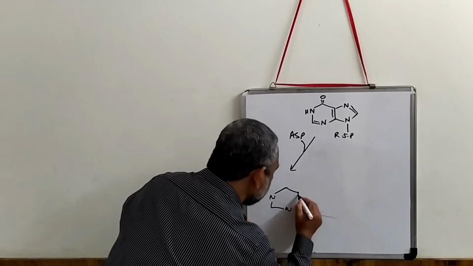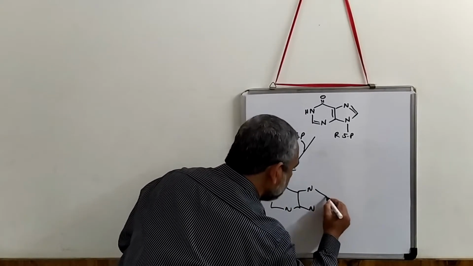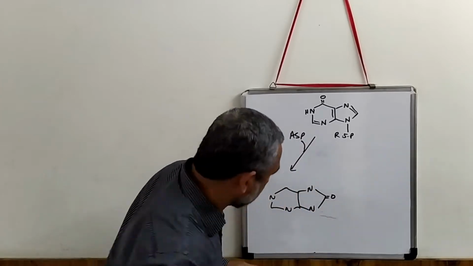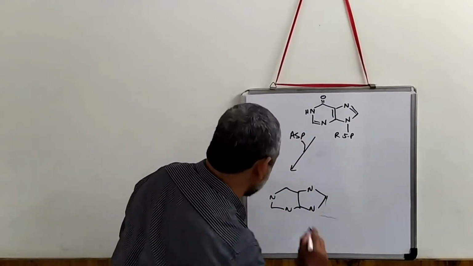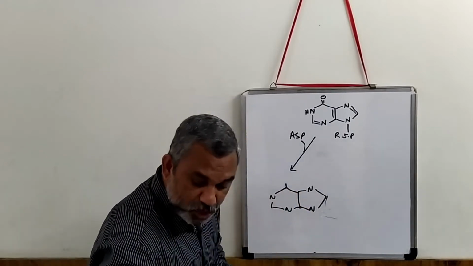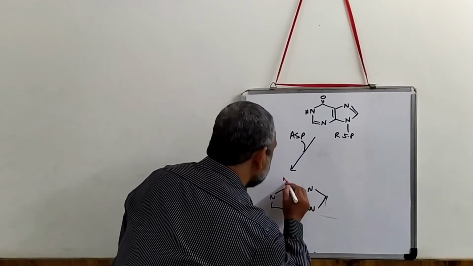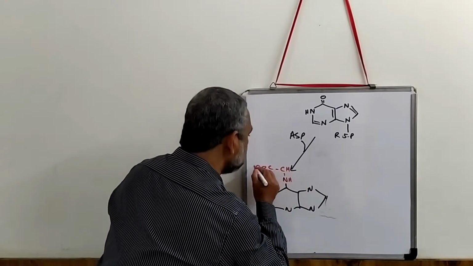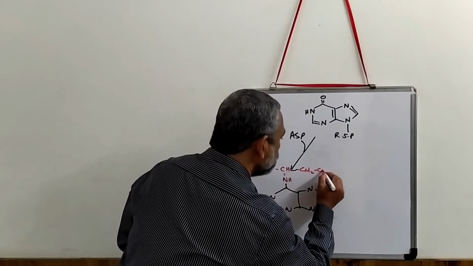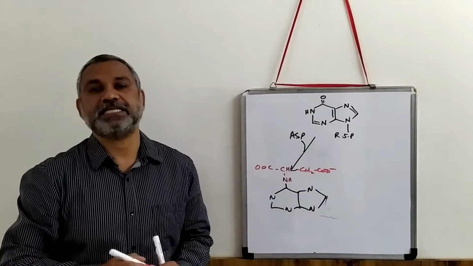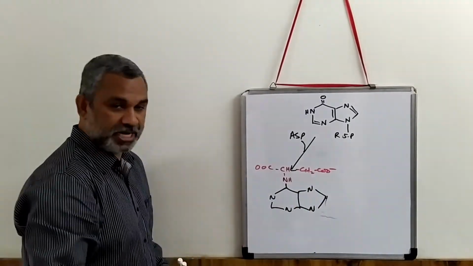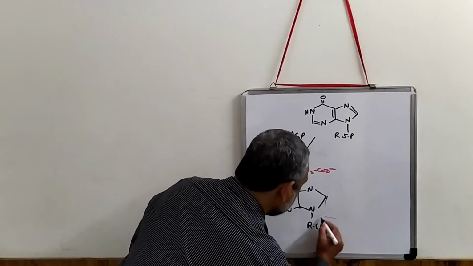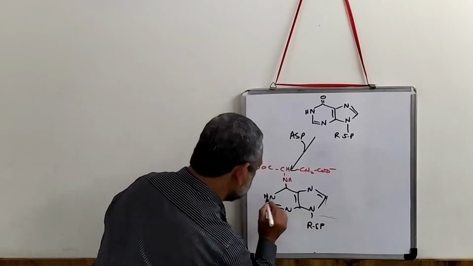So this is the first ring. Here aspartate is getting incorporated this way, with the NH connected to the C alpha, and this is the carboxyl end, CH2COO. Aspartic acid gets incorporated in this structure. Now this will be ribose 5-phosphate, double bond here, NH.